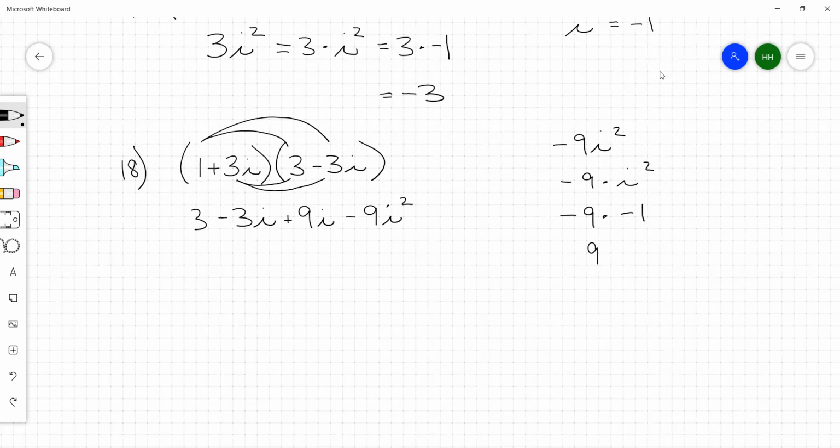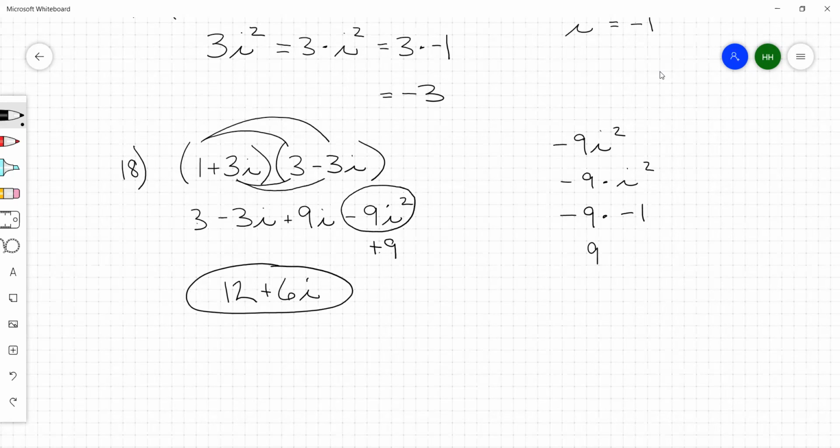So this last term over here is equal to positive 9. So when we clean this up to finish it, we got a 3 plus 9, which is 12. And negative 3i plus 9i, that's a positive 6i. There you are, in simplest form.